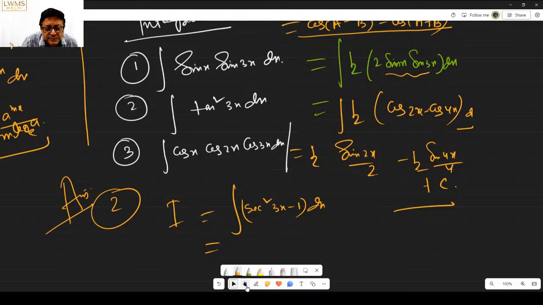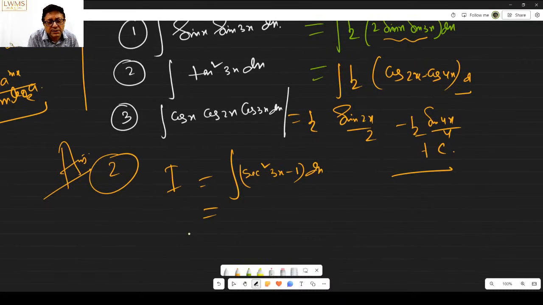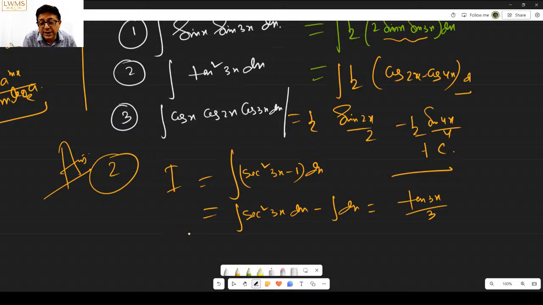So now integrate. Integration of this is tan 3x by 3 minus x plus c. Clear? Because sec square 3x is something like mx. What is m over there? 3. So it will be tan mx by m minus x plus c. Clear?